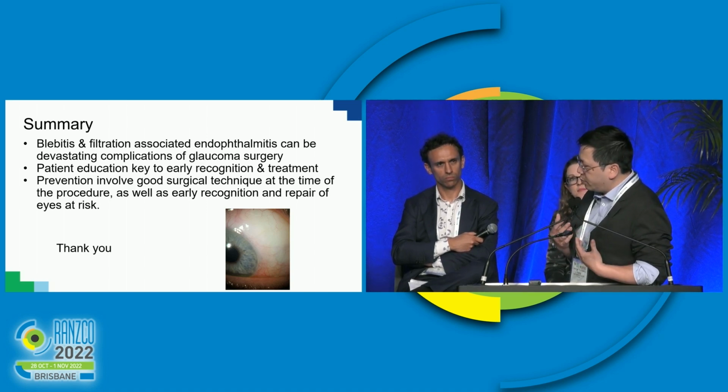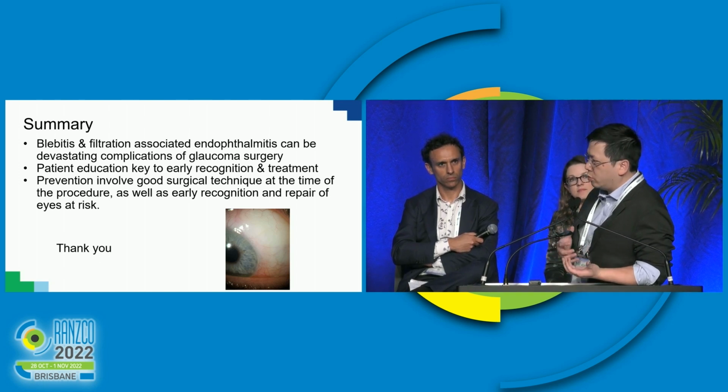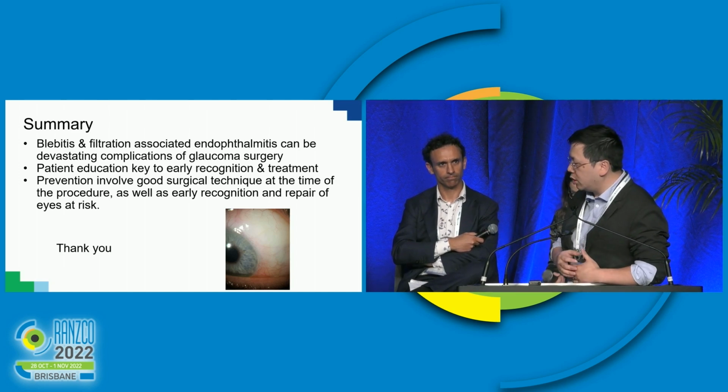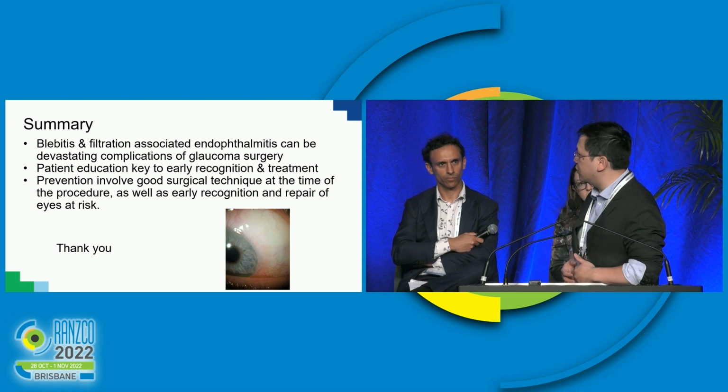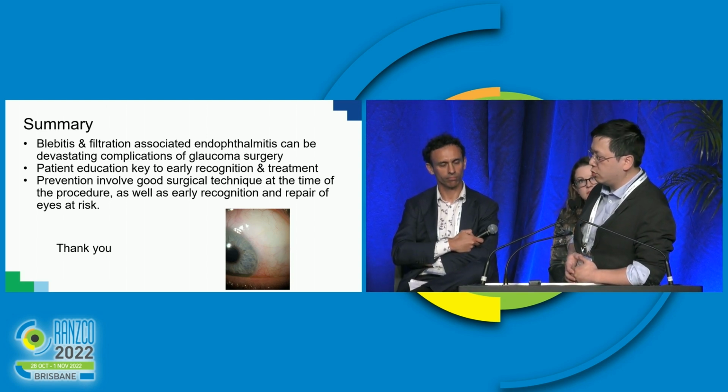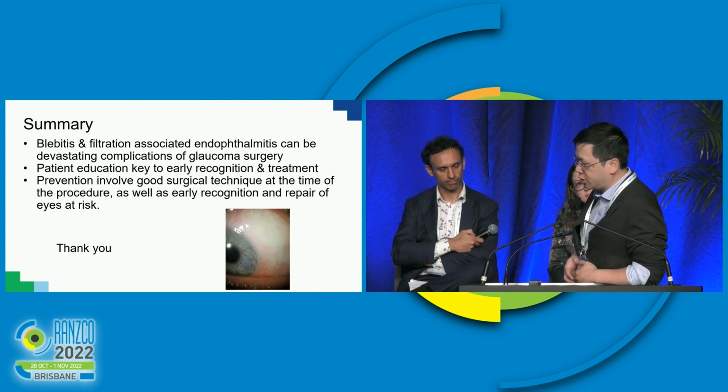But if there is persistent sweating, or if there is development of a leak, then it is better to revise the bleb. And there are minimally invasive methods of revising the bleb that still allow the bleb to remain functional after the procedure.